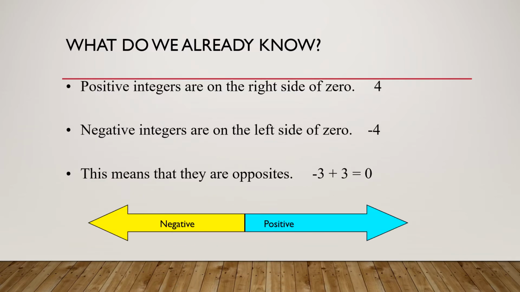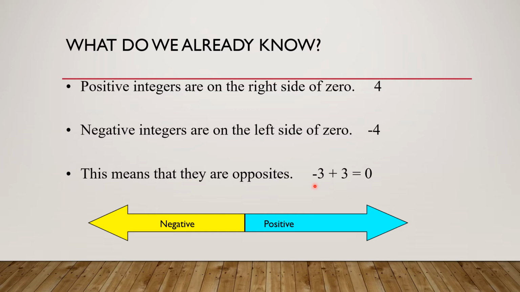What do we already know? Positive integers are on the right side of 0. Okay, so 4. And the negative integers are on the left side of 0. That's negative 4. So that means that they are opposites.